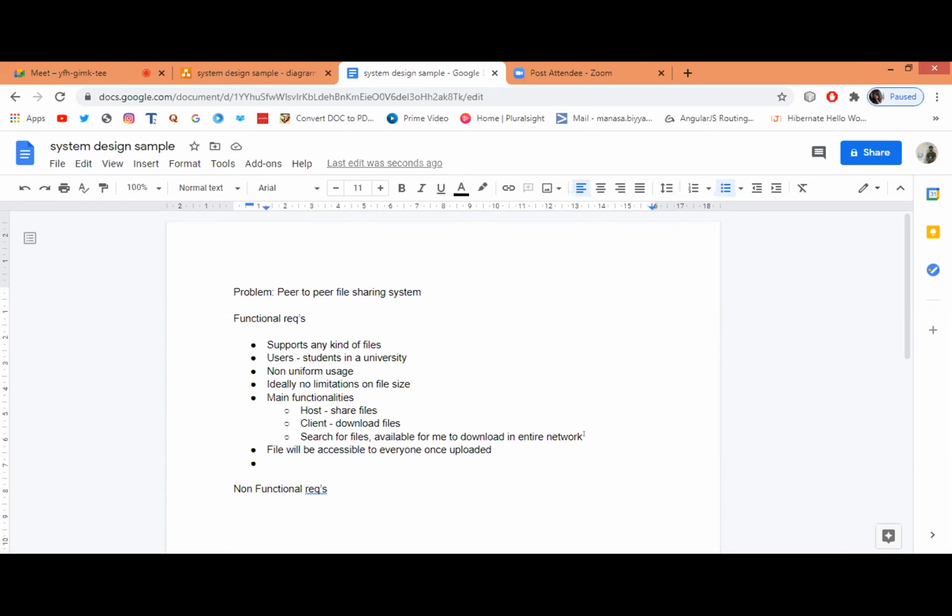Let's say I have uploaded files on my machine, and for various reasons people are downloading those files, and if I suddenly remove them, the users' download will be interrupted and they will not be able to complete it, right?